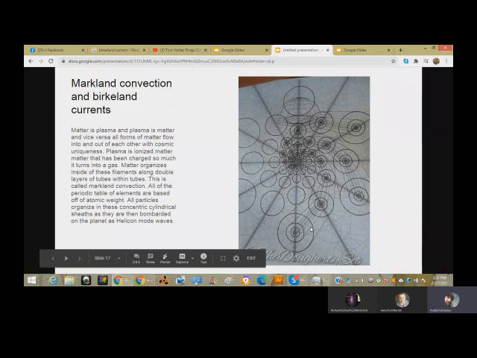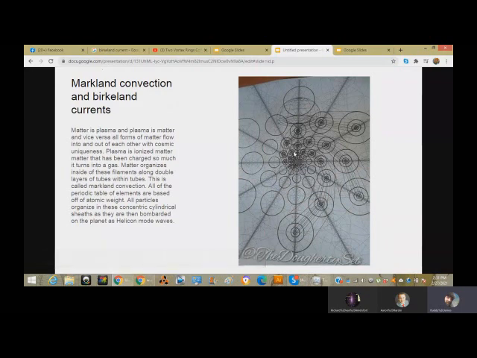All particles organize in the concentric cylindrical sheaths as they are then bombarded on the planet as helicon mode waves. And then from those helicon mode waves, life and living organisms are organized and subdivided categorically through resonance and sympathetic resonance of space, resources, abundance of resources, and that's what can create huge upsets in ecosystems where the scale is just rampant, like locusts.